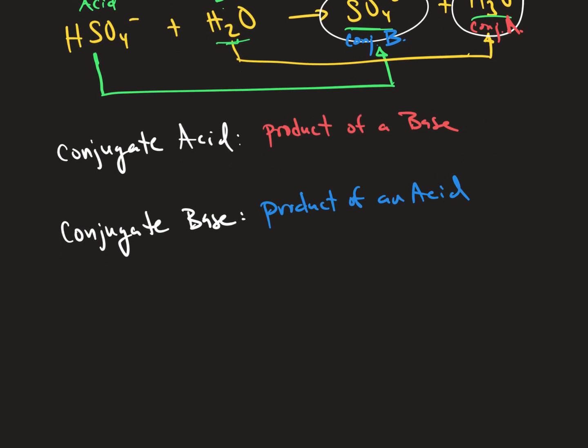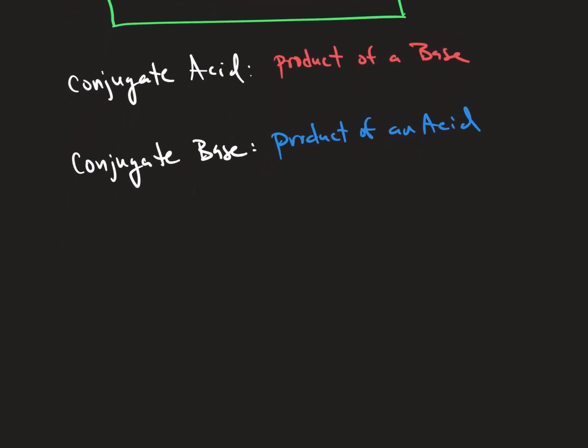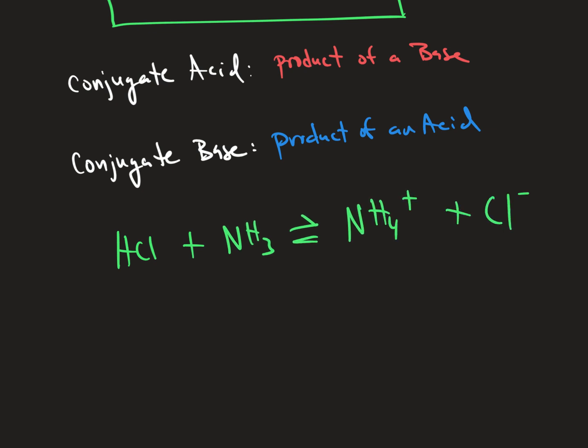Let's do it. HCl plus NH3 breaks down into NH4 plus and Cl minus. So determine which one is the acid and the base, which one is the conjugate acid, which one's the conjugate base.